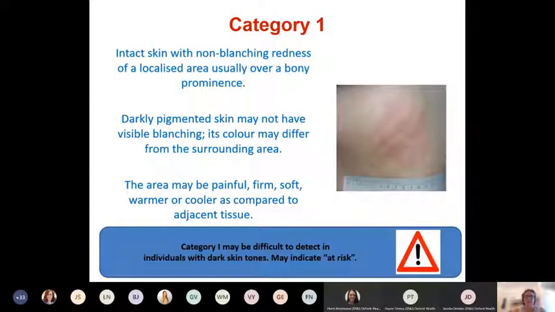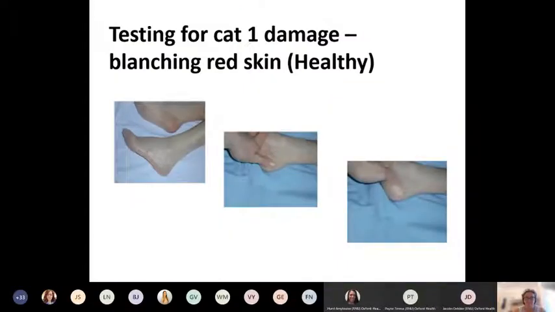Yes, it's a warning sign that the pressure forces are occurring here, but it isn't actually yet category 1 pressure damage. It's only category 1 pressure damage when you do the blanching test, and I'm hoping you all know how to do this. So you find an inflamed area. In this example, these heels are quite pink. In the second picture, you can see a thumb being pressed firmly onto that area up to a count of 10.